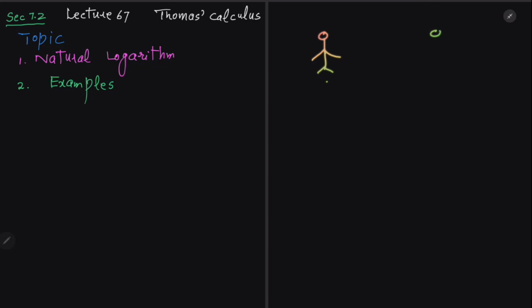But if you are other than a mathematician, like an engineer or physicist, then this is a very simple question. The answer to that question is natural log of x. But for a mathematician, it is a difficult task to define the natural logarithmic function.